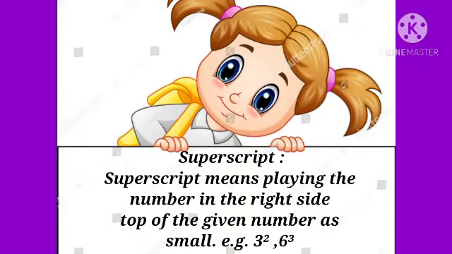Note, superscript means placing a small number at the top right of the given number. Example, in the first, 2 is in the superscript of the number 3, and in the second example, 3 is in the superscript of the number 6.